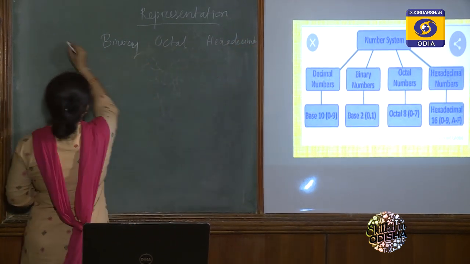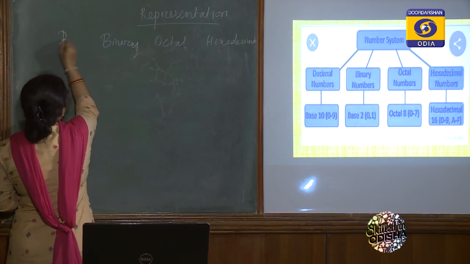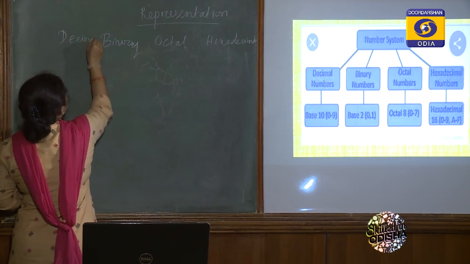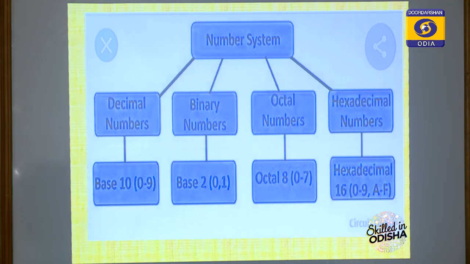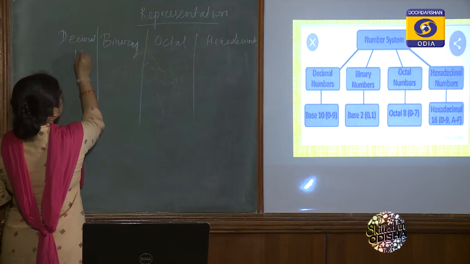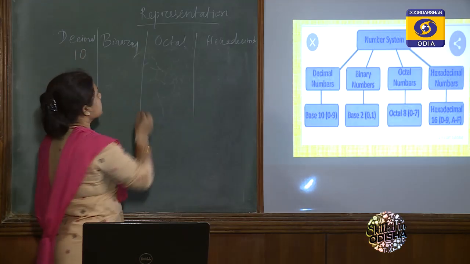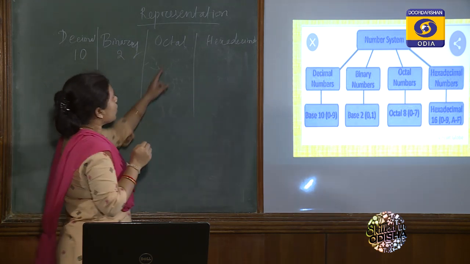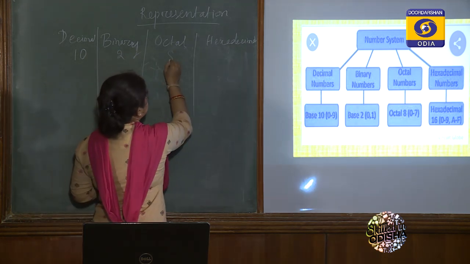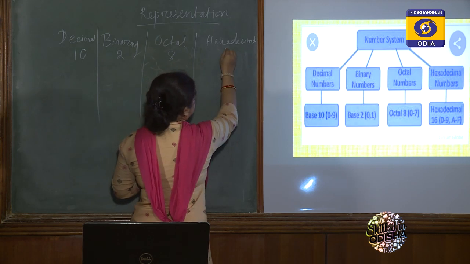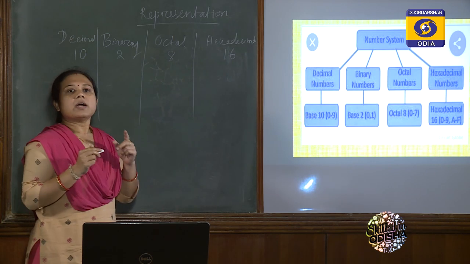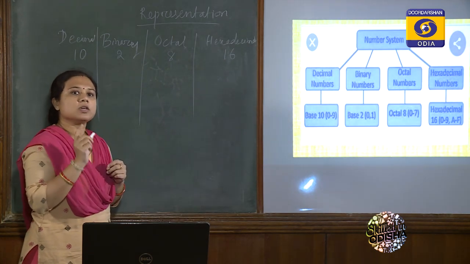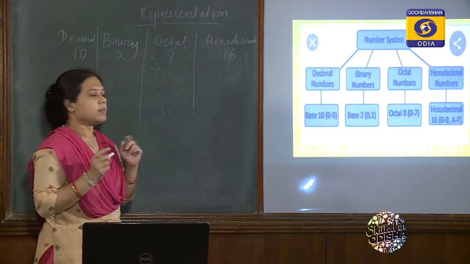The first one is our decimal, where the base is 10. In the binary number system the base is 2, in octal the base is 8, and in hexadecimal the base is 16. The base or radix is the number of digits used in our number system.